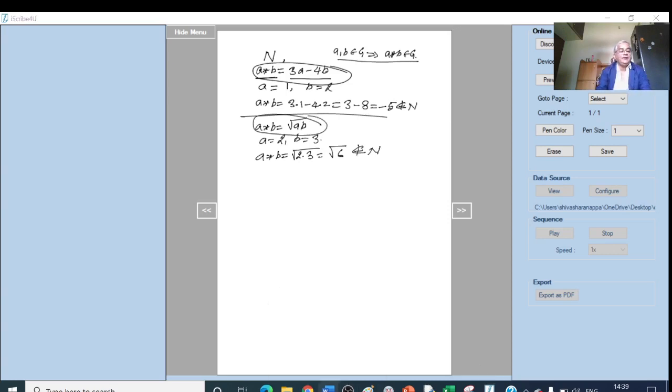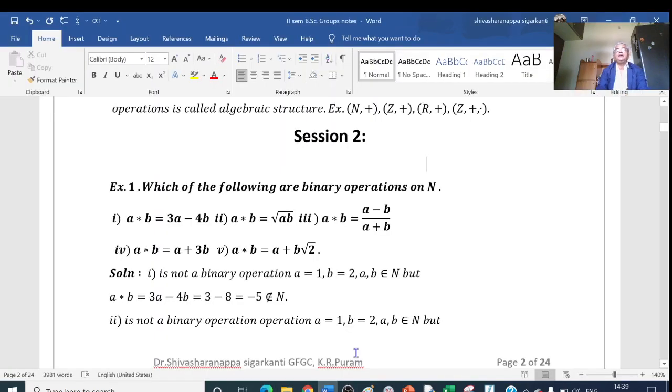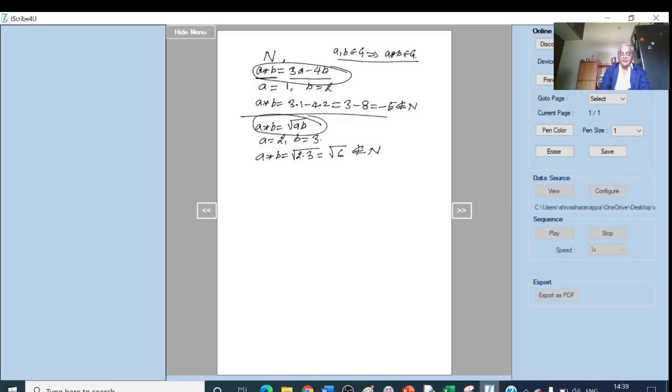And what is the third one? A star B is A minus B divided by A plus B. Again, this is not a binary operation.